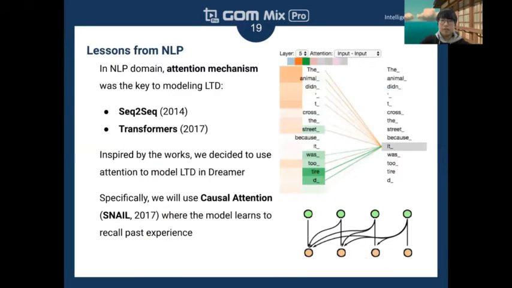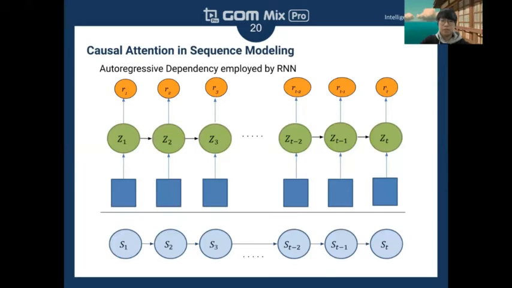In the NLP domain, the attention mechanism was the key to solve this kind of problem. So we decided to use attention to model LTD in Dreamer. Specifically, we were to use causal attention, where the model learns to recall past experience. So this is a normal RNN structure used in natural NLP models, and the structure is similar to the world model used in Dreamer.